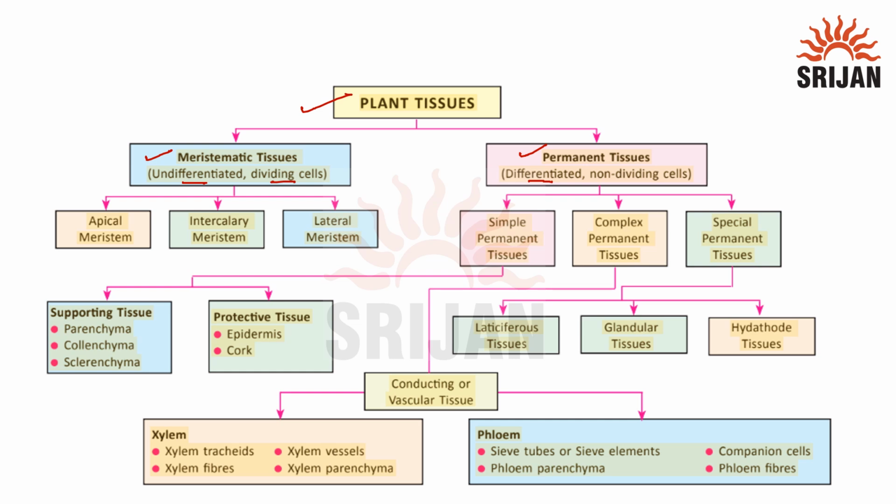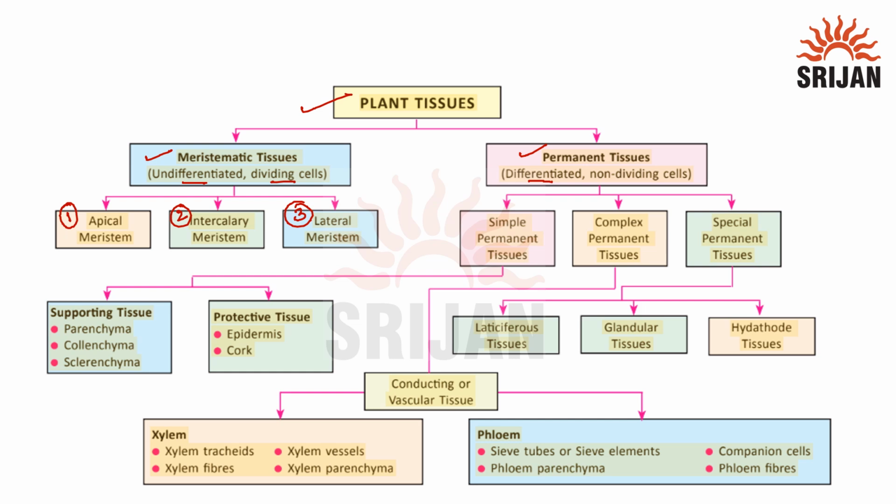Now, meristematic tissue is also divided into three types: first apical, second intercalary, and third lateral meristem. This division is made on the basis of the location of the meristematic tissue.